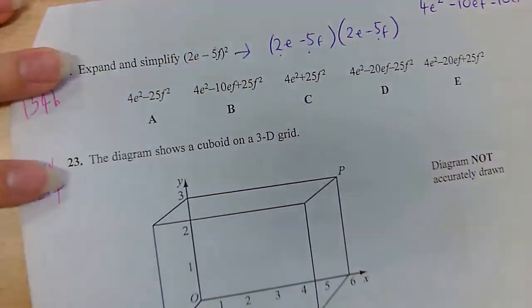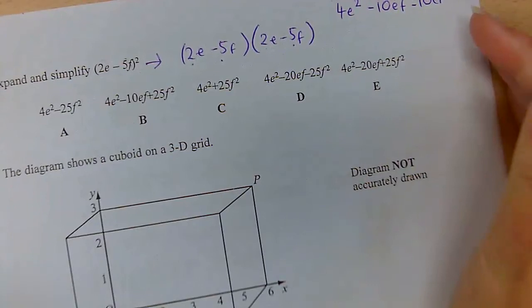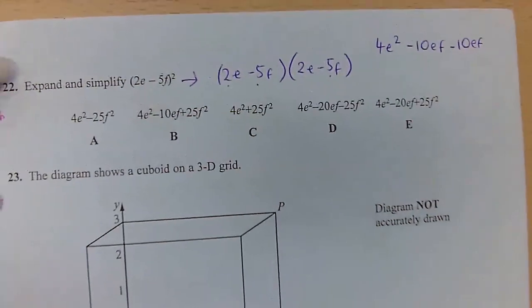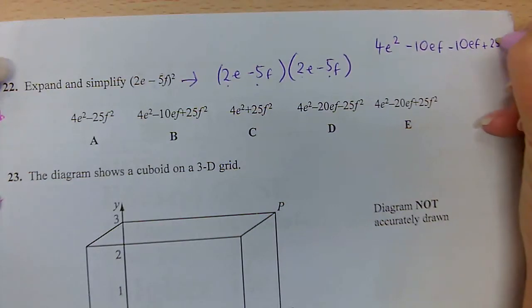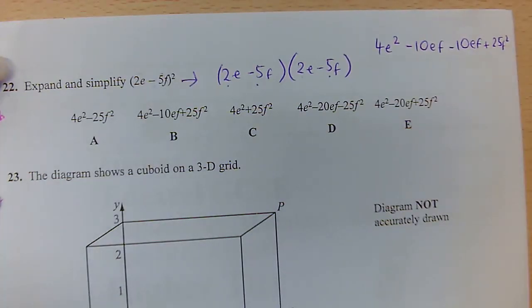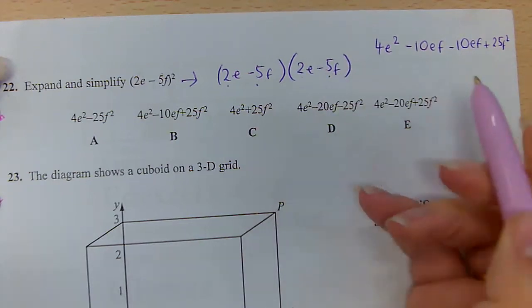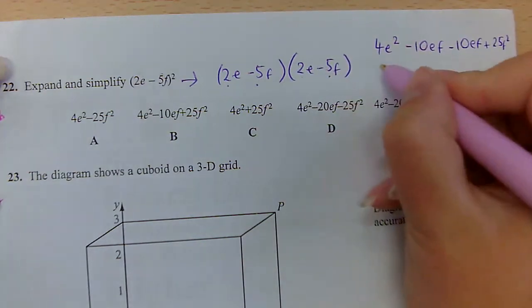And then on the end, we're going to have positive 25f squared. Okay? Because minus 5 times minus 5 is positive 25. Let's collect like terms.